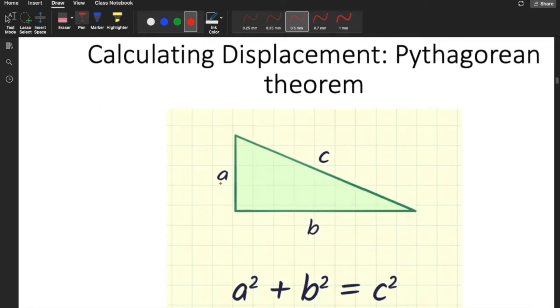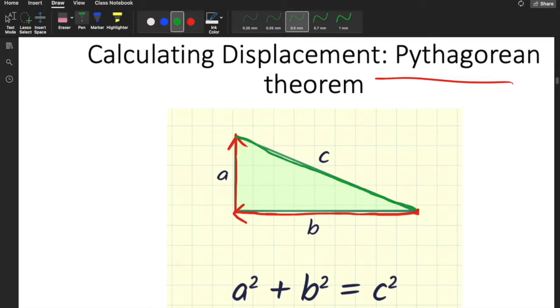In some questions, you need to know the Pythagorean theorem to calculate the displacement. Assume this is your starting point, all right? And then you walk to the left for a length of b, and then you move up for a distance of a. Then this line, the line in green, c, will be equal to your displacement.